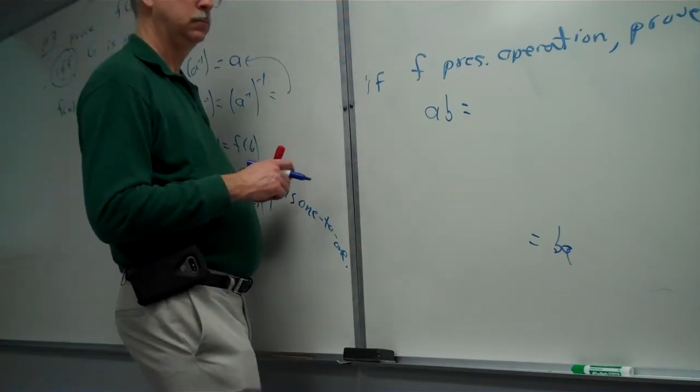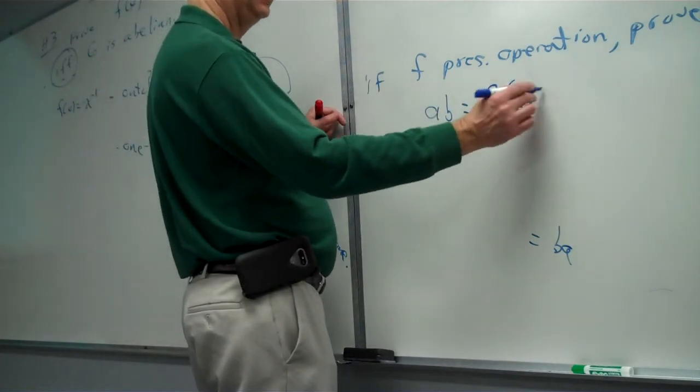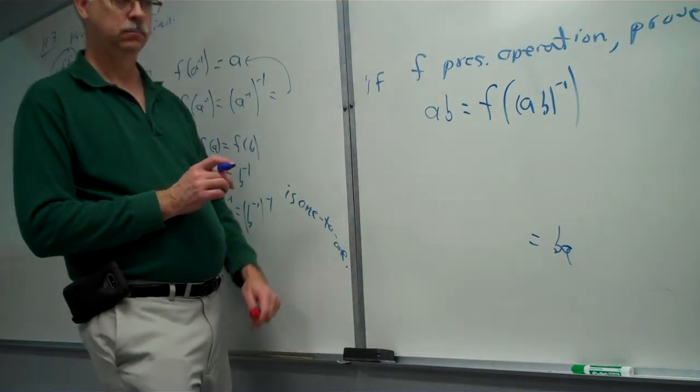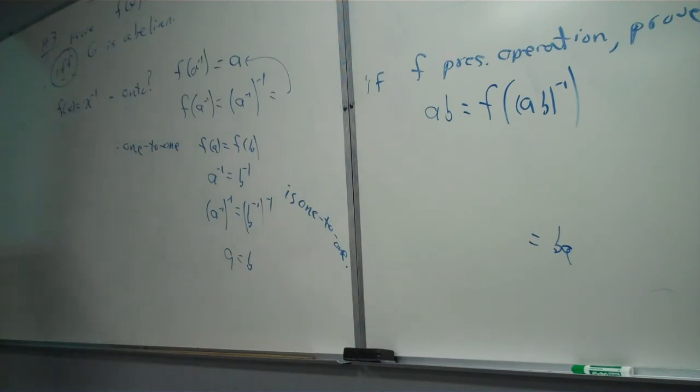F of the inverse of AB. Okay, so you want to say F of AB inverse? Is that right? That'll work. That's what F does. F takes the inverse of any element.